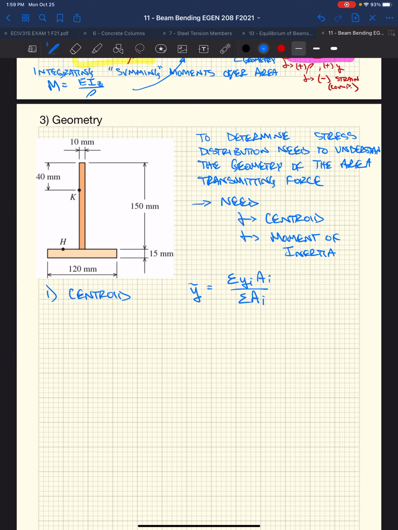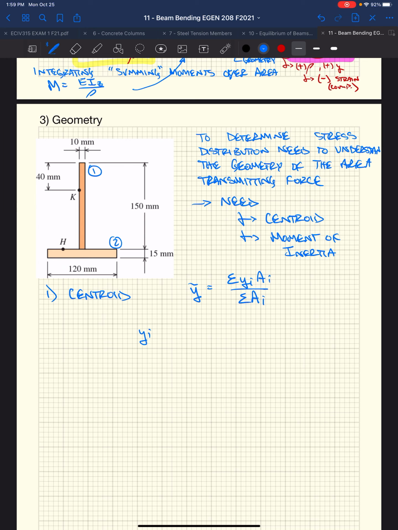So if we broke our upside down T-beam, our little car lift beam, into two pieces, you can break it up into as many pieces as you want, but I'm going to break it into these two pieces.